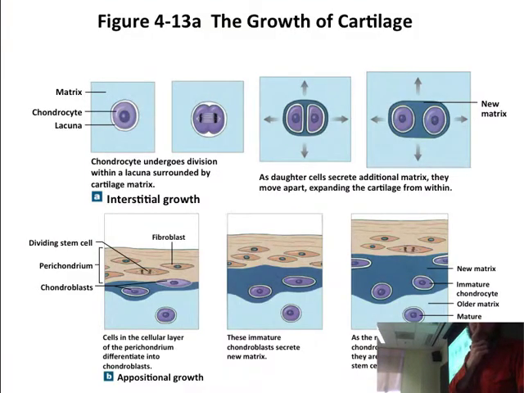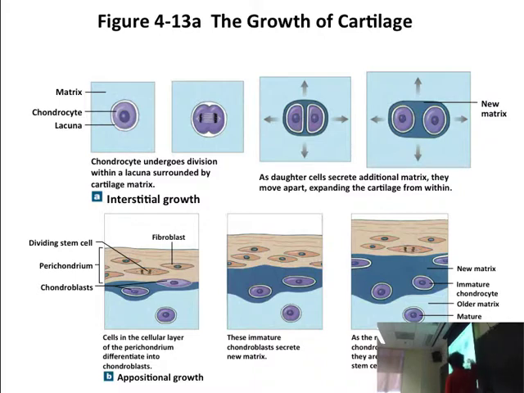Growth of cartilage. I don't want to spend too much time. So there's interstitial growth that happens inside the body of some cartilage. You have a single chondrocyte that goes through cell division, and you have two cells which eventually form some new matrix around them and separate from one another.